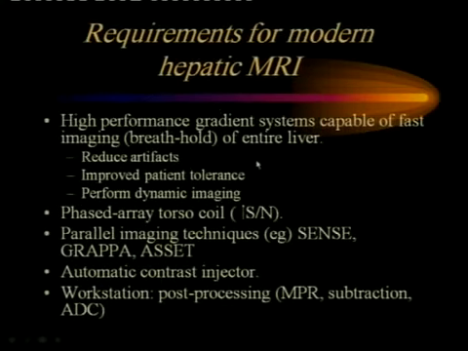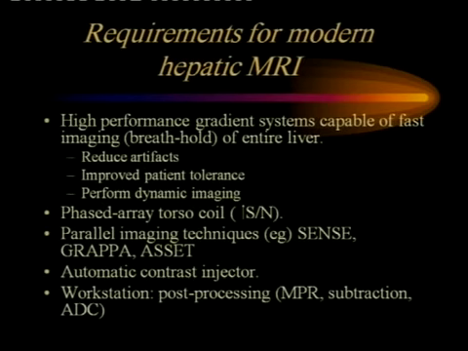For requirements, you need high-performance gradient systems that are capable of fast imaging, particularly in a breath hold. A lot of the imaging is done with breath holding, particularly in the dynamic phase of the exam. This will help to reduce the artifacts. If the exam is done faster, patient tolerance is improved. You can perform dynamic imaging, as I mentioned.